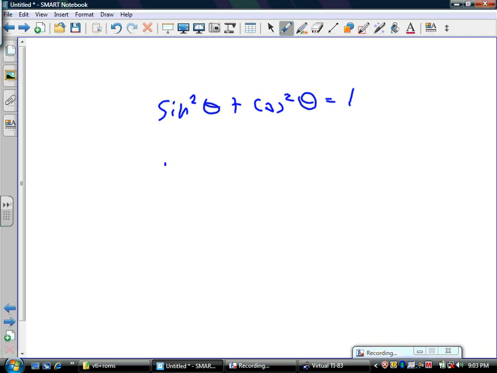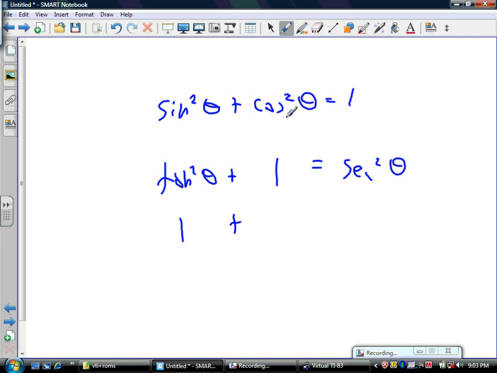Sine squared over cosine squared is tangent squared. Cosine squared divided by cosine squared is 1. 1 divided by cosine squared is secant squared. It's the same rule as that. If you remember that, you know this. What if I divide everybody by sine squared up here? Sine squared over sine squared is 1. Cosine squared over sine squared is?